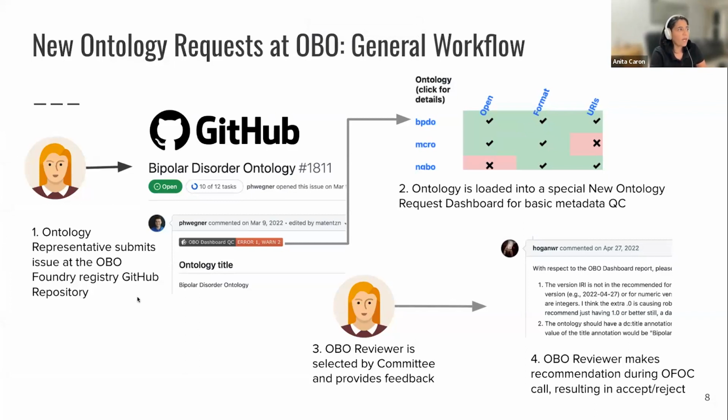After the requester checks the dashboard and passes all the basic metadata quality checks, then an OBO reviewer will be allotted to review your submission, and finally manually give you a recommendation on whether it's good enough for the OBO Foundry.